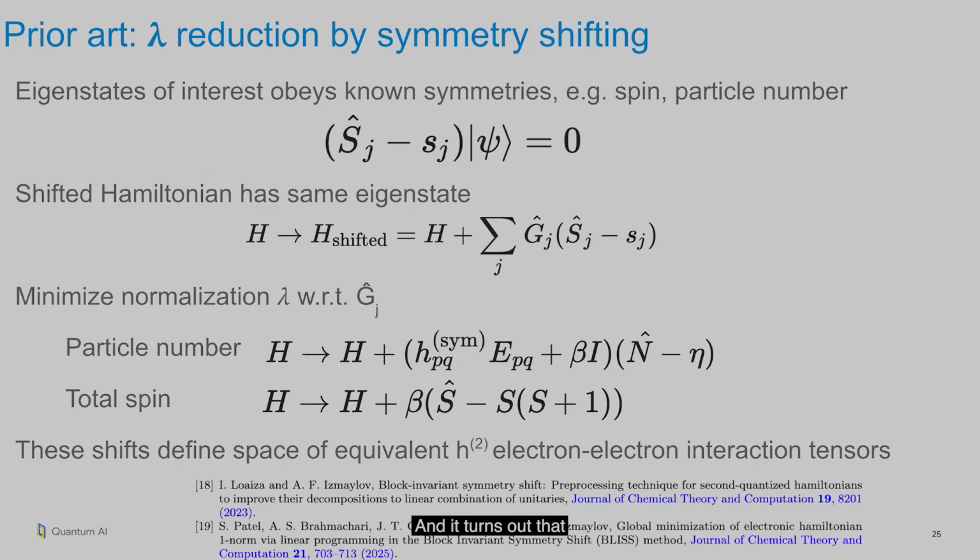And it turns out that this is very important in reducing lambda, because the lambda for a given Hamiltonian, just by definition, is going to be worse than the lambda over all possible Hamiltonians. This will generally give you a factor of 5 improvement. So it's important to use when you want to get good resource estimates.